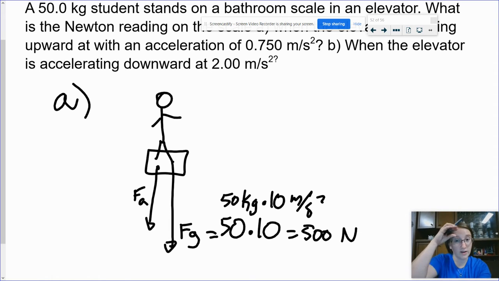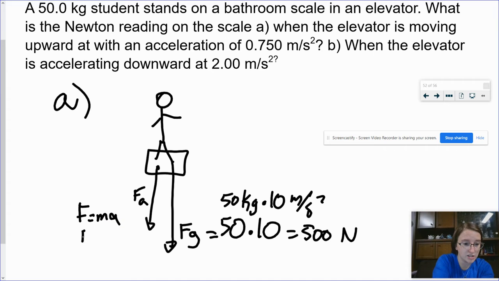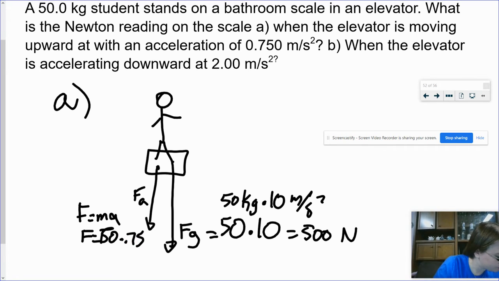The force from the acceleration of the elevator, I'm sorry, I just realized the stuff was covering you up, is your mass times the acceleration of the elevator. So 50 times the elevator was 0.75. We got 37.5 newtons.